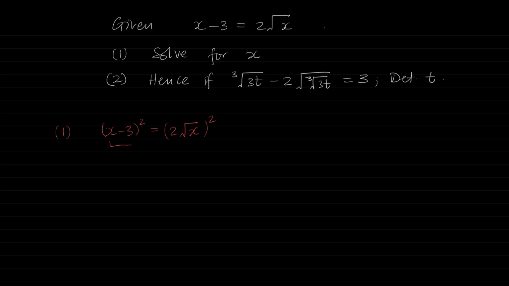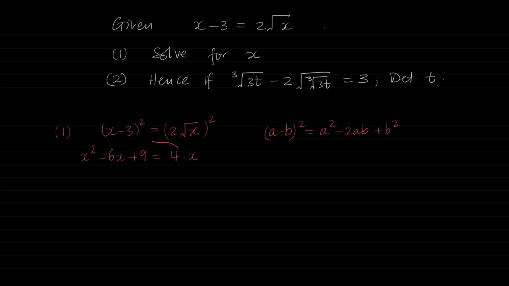This is the expansion of a binomial, a minus b all squared, that's a squared minus 2ab plus b squared. So this will expand to x squared minus 6x plus 9, and that's going to equal 4 times x.